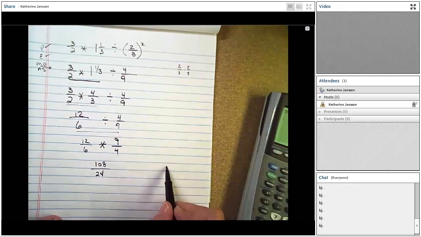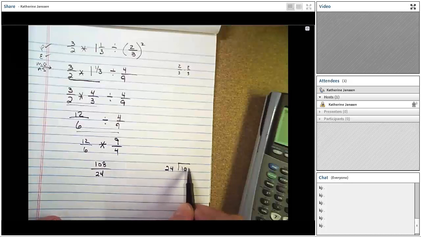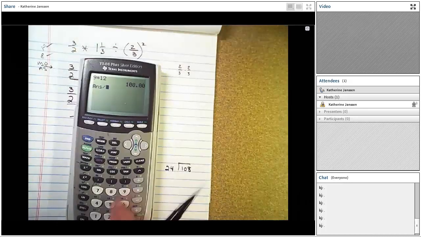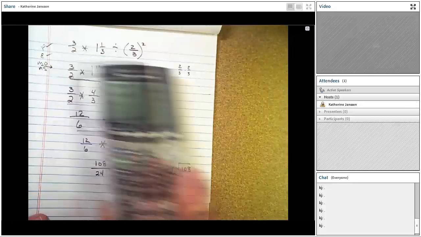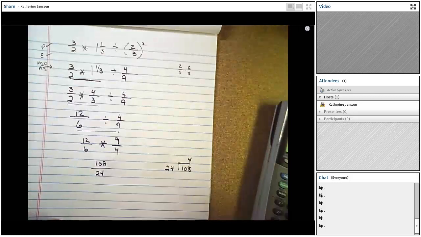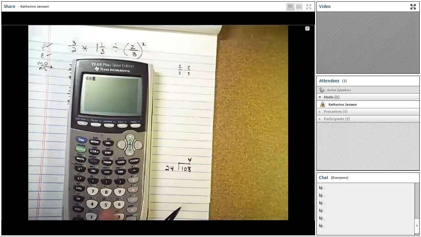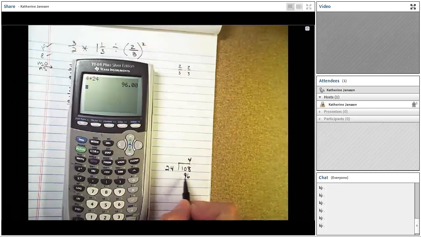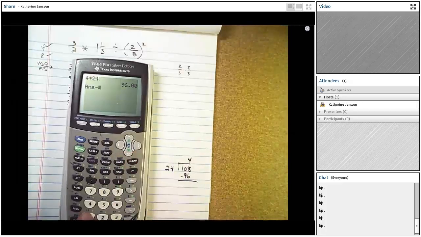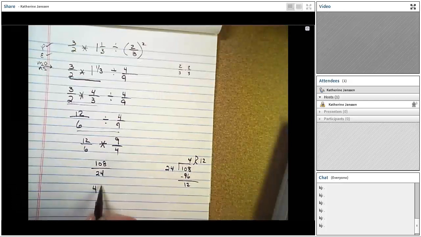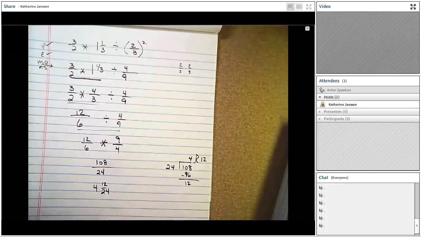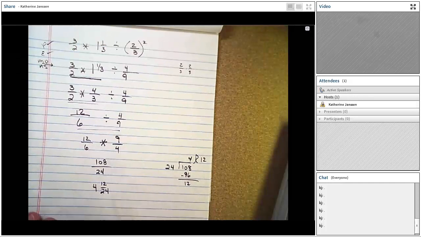And 24 goes into 108. 4 times 24 is 96. We'll subtract to get our remainder. So I have 4 and 12/24. And 12 goes into 24 evenly, so 4 and 1/2.